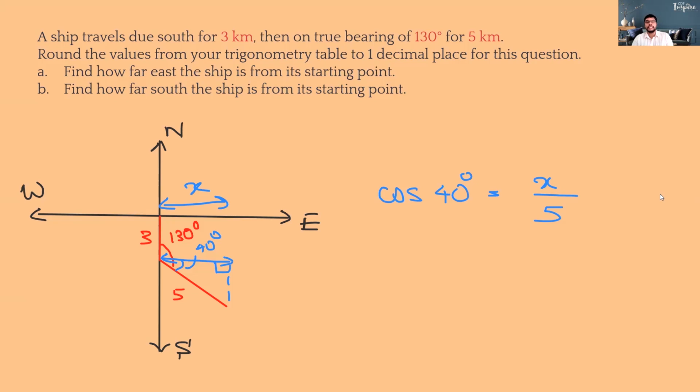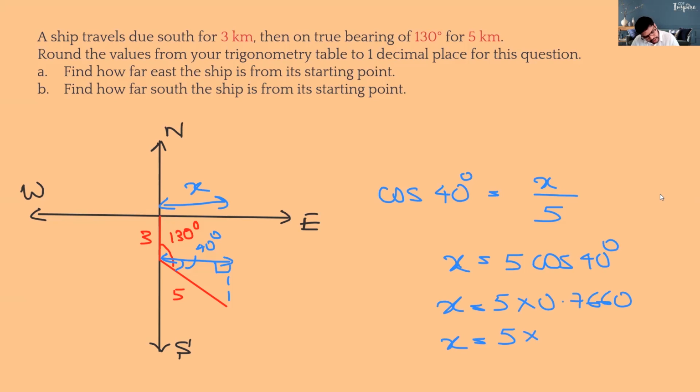So cos 40 is equal to adjacent over hypotenuse, and from here we get x equals 5 cos 40 degrees. Now cos 40 degrees comes to 0.7660, but the question asks us to round it to one decimal place, which is 0.8. So 5 multiplied by 0.8 is 4 kilometers.